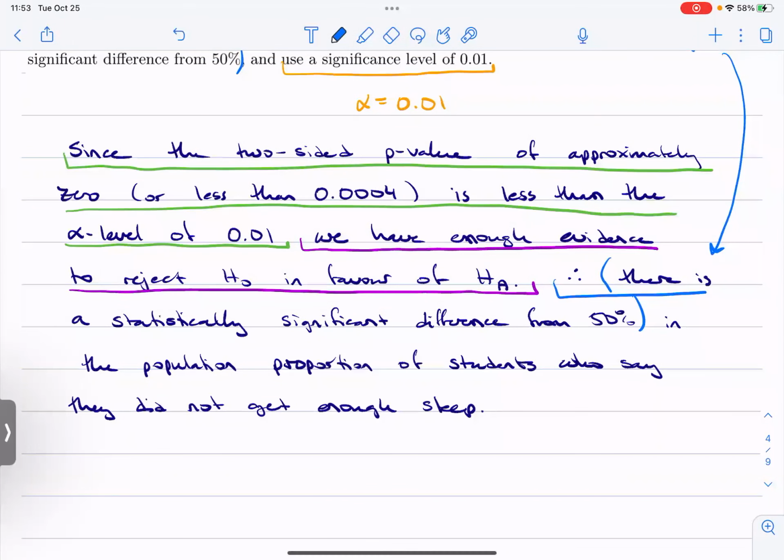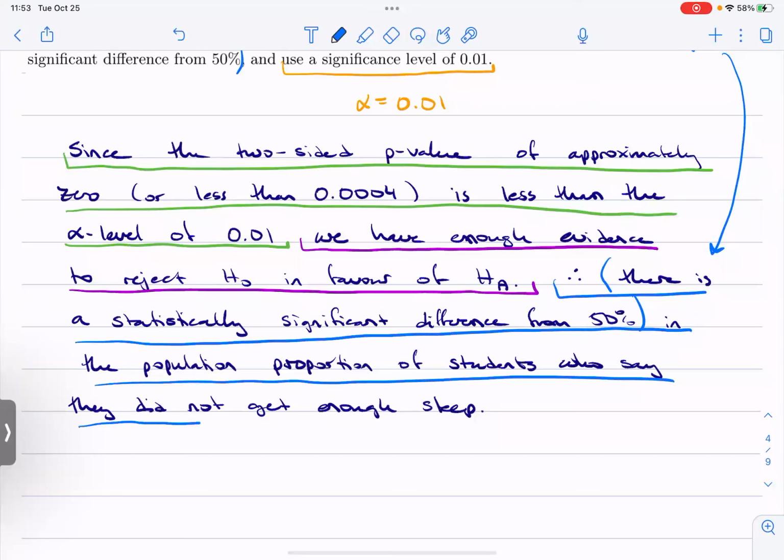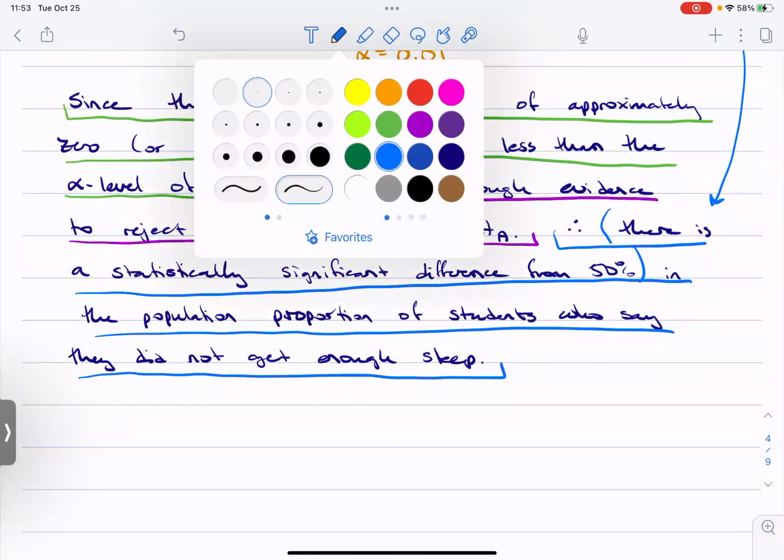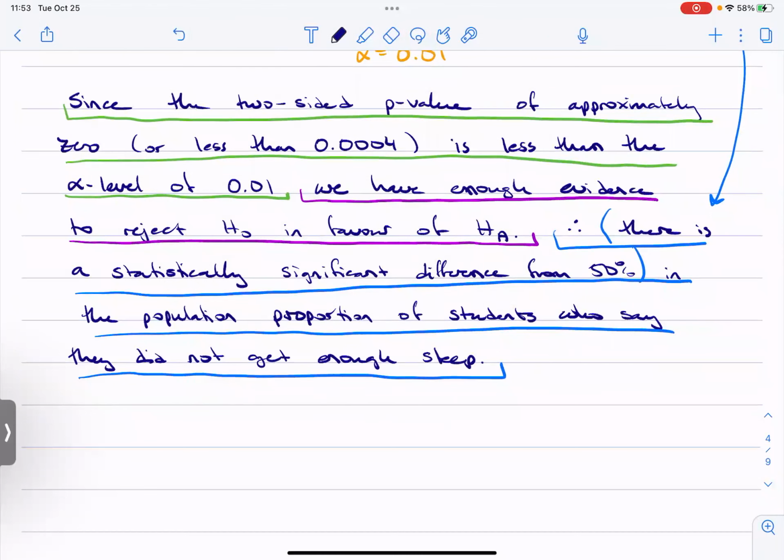So this is the third part of the conclusion, which is in terms of the question. The trickiest part, I think, usually, and the part that people love to forget, but you have to do it. Okay, so just to recap here. First thing we do is compare the p-value to the alpha level.